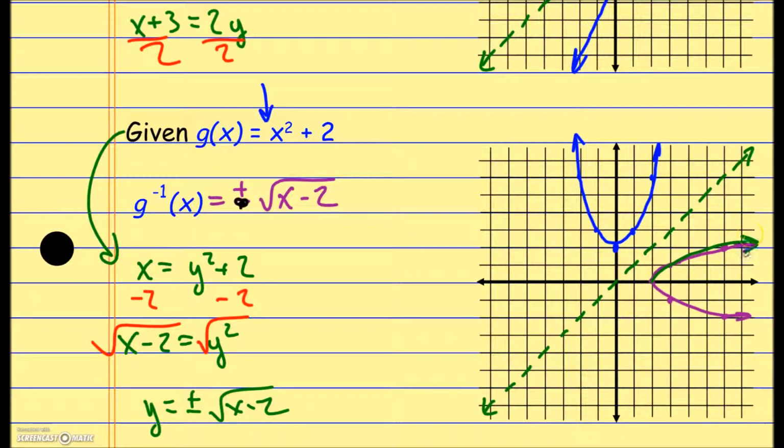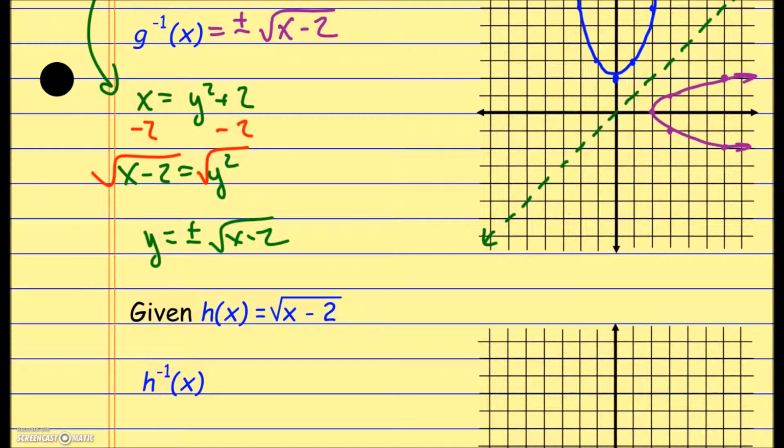I would only have this guy up top. So what happens when I have a square root, I'm going to get some form of a sideways parabola. The plus or minus gives me a full sideways parabola. Without that, it's going to either give me the top half or the bottom half.